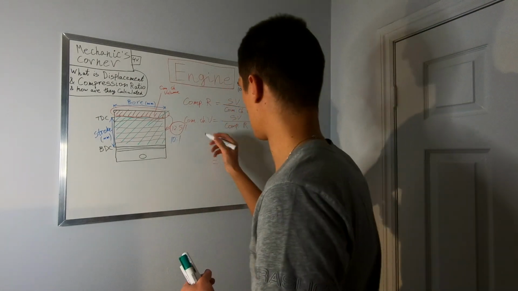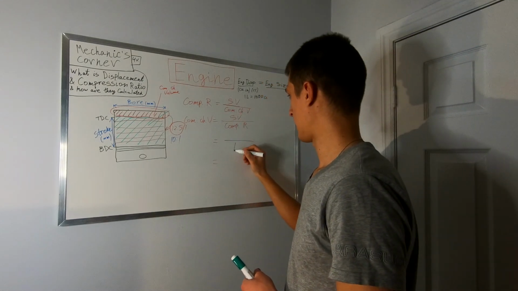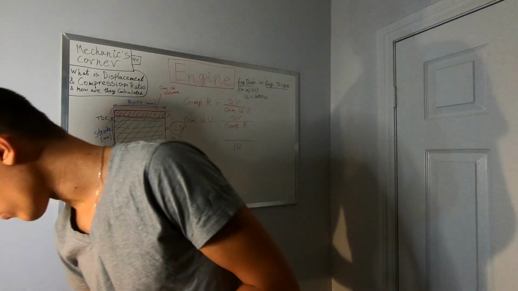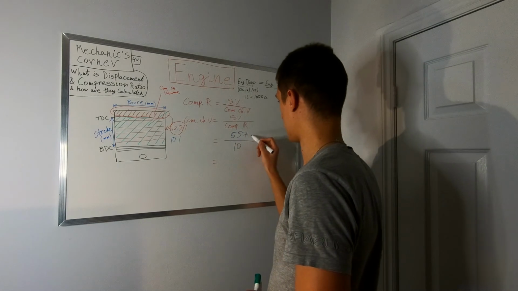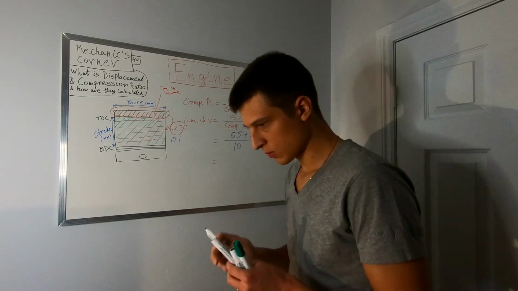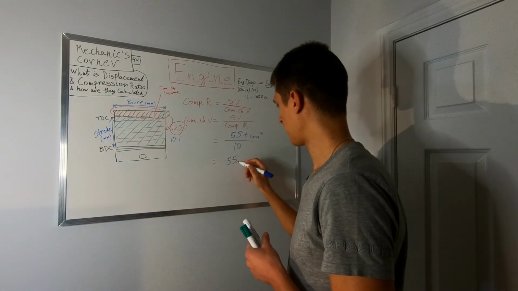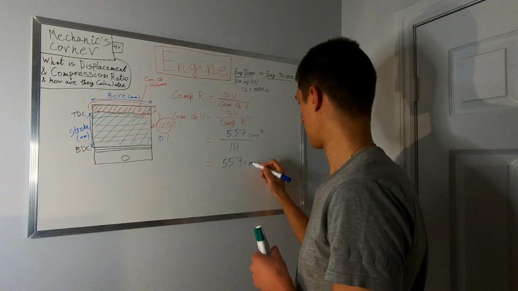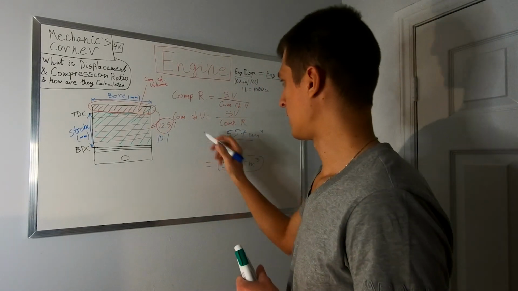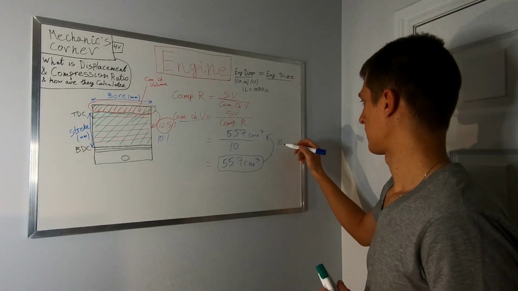So if we want to calculate the compression chamber volume for the Genesis, we'll divide the swept volume by the compression ratio, which is 10, and the swept volume is 557 centimeters cubed. This will give us 55.7, my bad, 55 centimeters cubed as the compression chamber volume. So this is going to go into here 10 times.